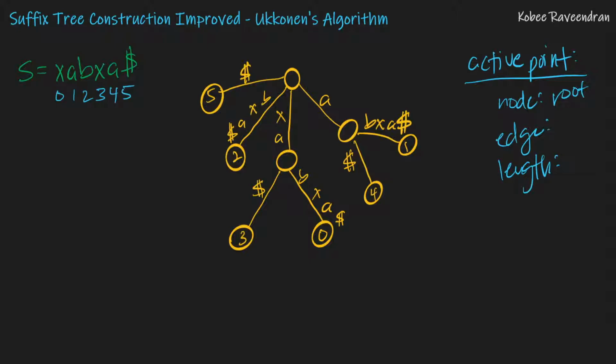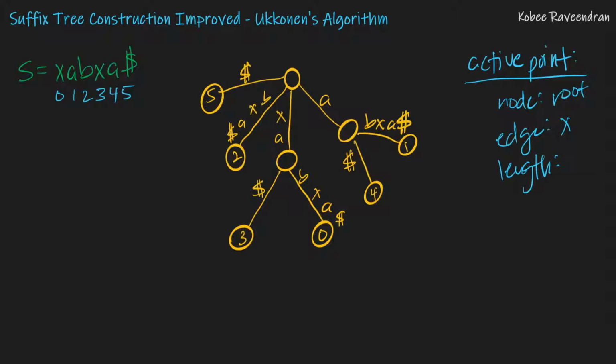So for example, when we were inserting the suffix XA in the suffix tree from the previous example, we'd first look for an edge that started with X. And so in that case, our active edge would be X. But again, keep in mind, when we initialize, this would actually just be initialized to null, since we have no edges initially. And the active length is just how far along down that edge we want to go before stopping to either insert, create a new node, things like that.